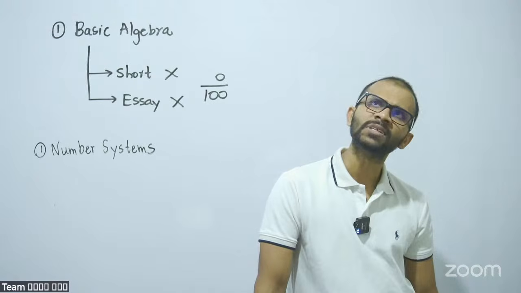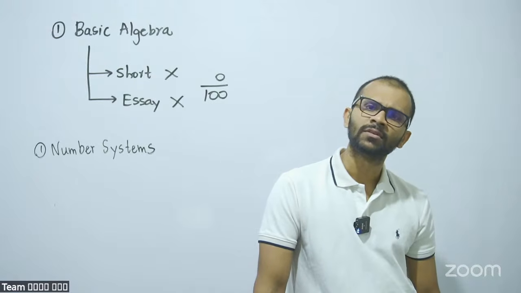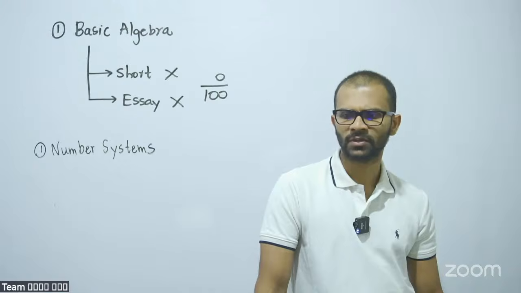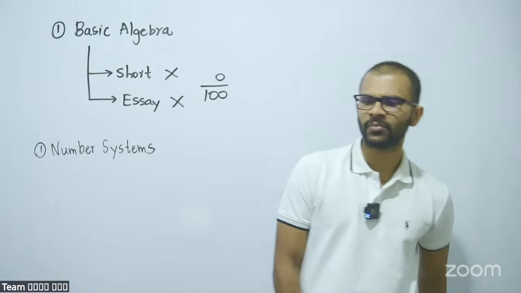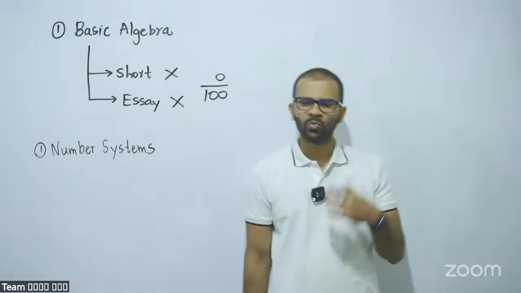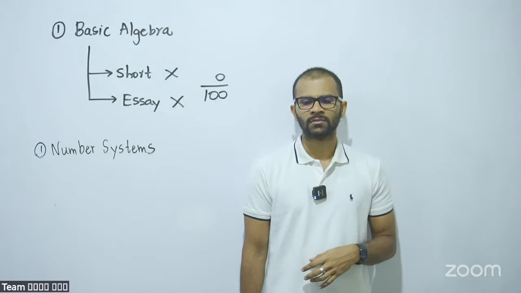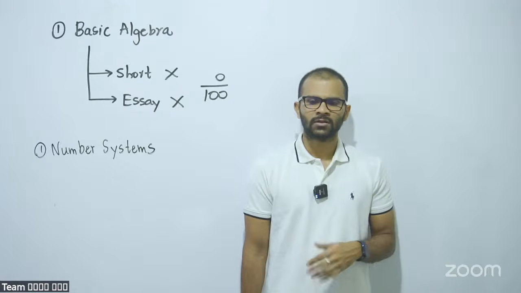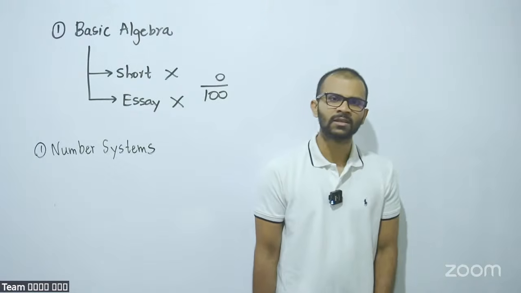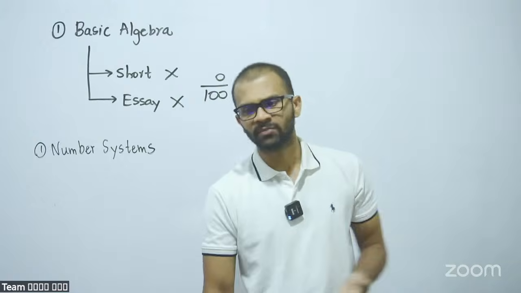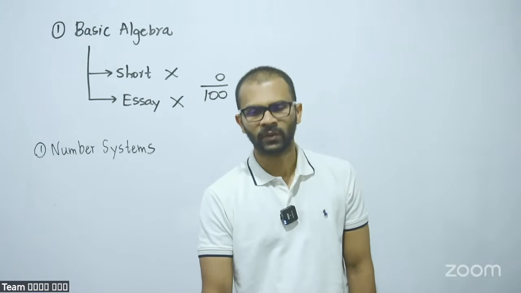First, numbers. What are the numbers we know? If you can give some examples, numbers we know. Why do we use numbers? For counting, we need numbers, right?